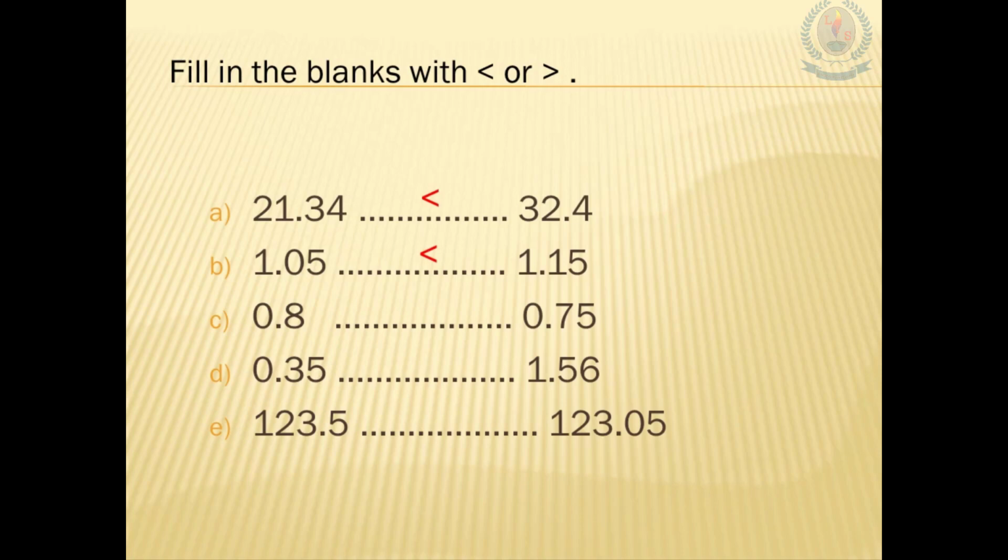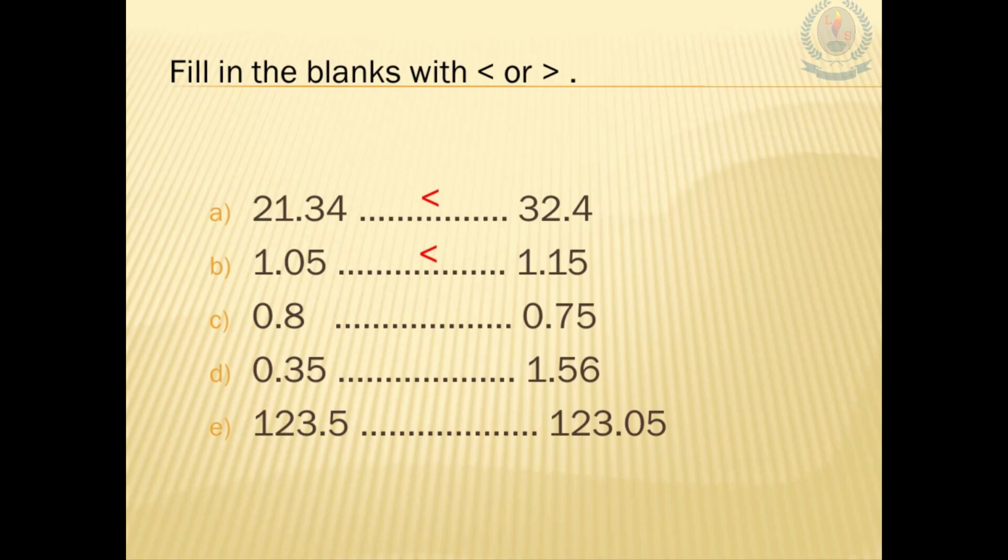Question C. 0.8 and 0.75. First you want to look at the number of units. They are the same, and you can look at the number of tenths, 8 and 7. From those two numbers, 8 is greater than 7.